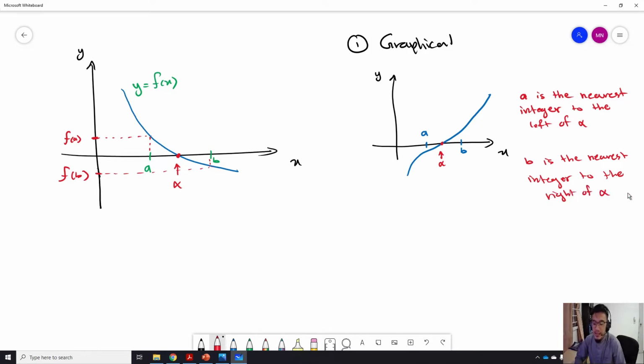So that is how you find the roots of a graph by using the graphical method. Before we proceed to the next part, we can mention that the root of the graph lies in between a and b. You can write it down like that.